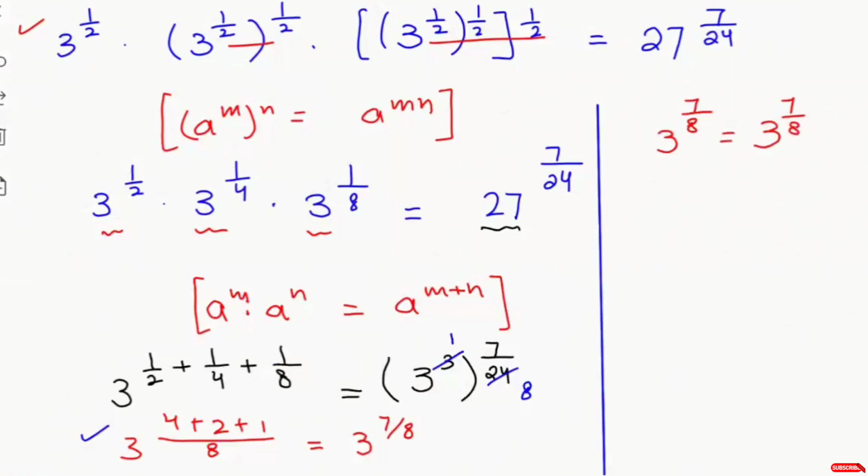So here the left hand side is equal to the right hand side. So the value of x, that is 7 over 24, is absolutely correct.